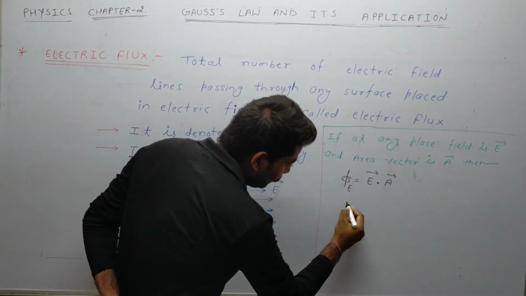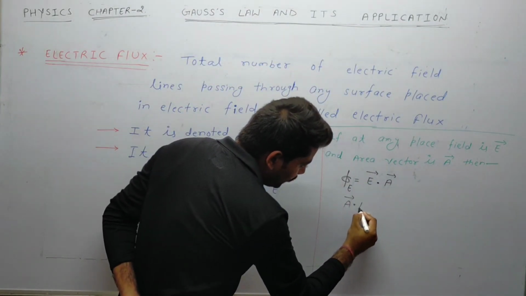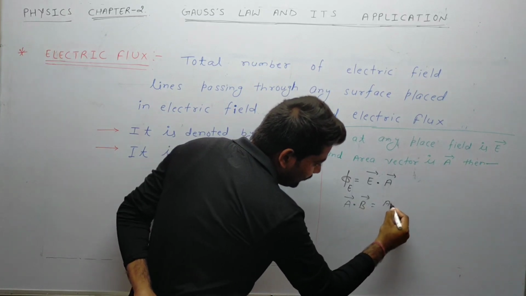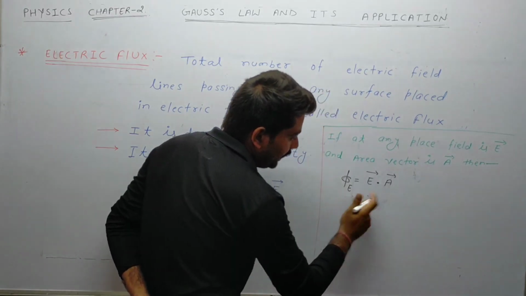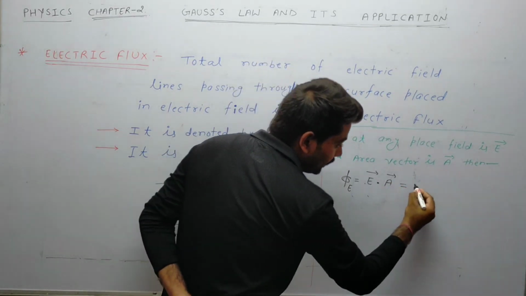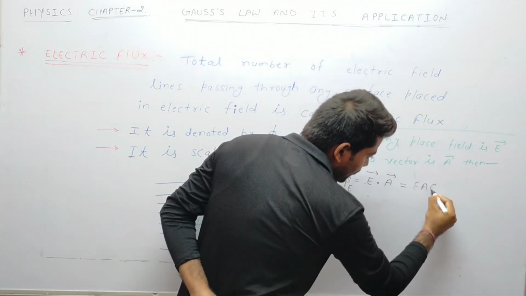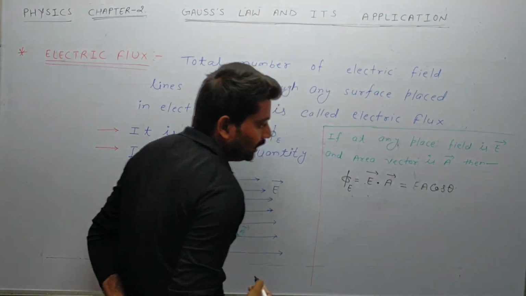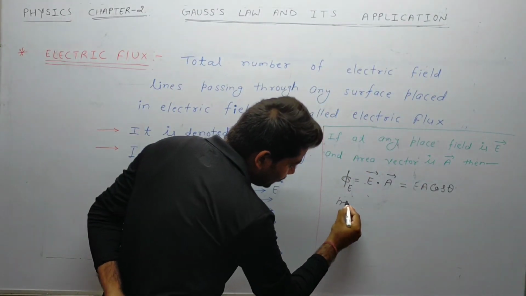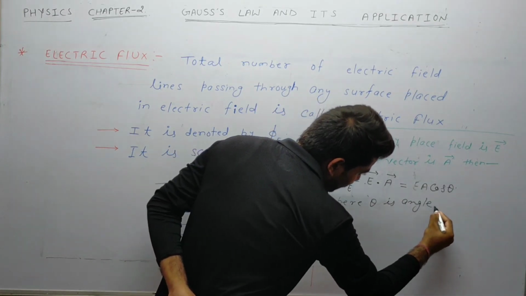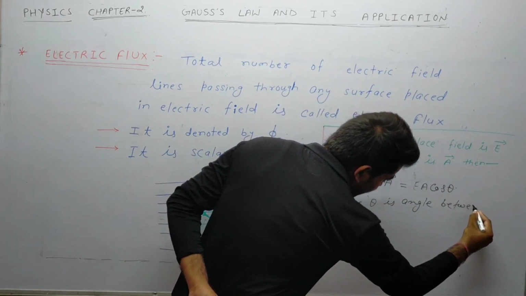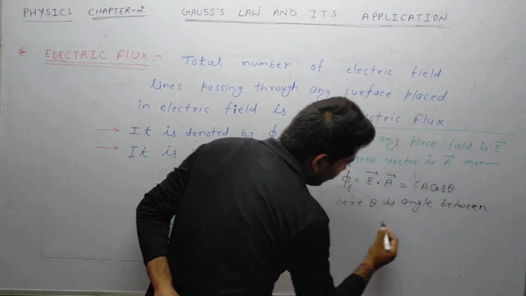So we know the formula: A vector dot B vector is equal to AB cos theta. It means here E vector dot A vector is equal to EA cos theta. What is theta? Here theta is the angle between two physical quantities.